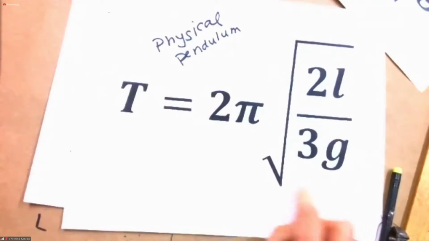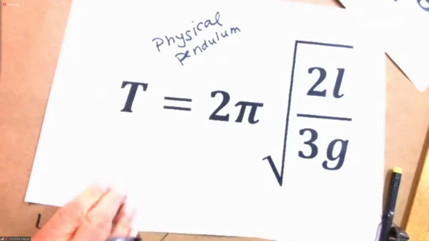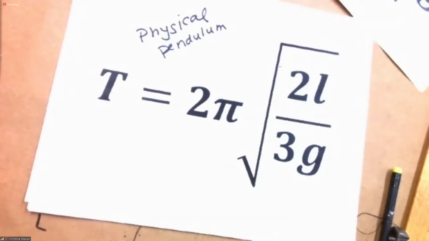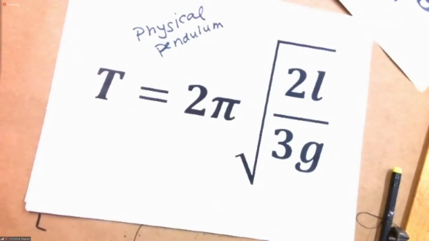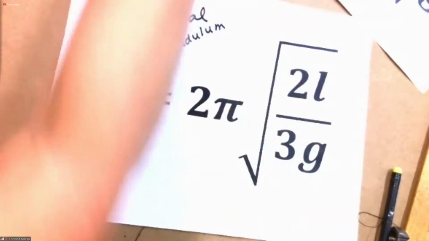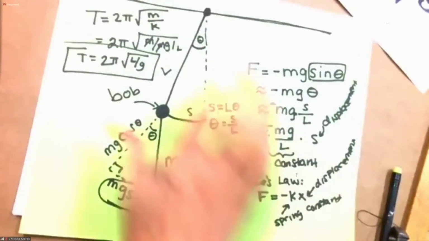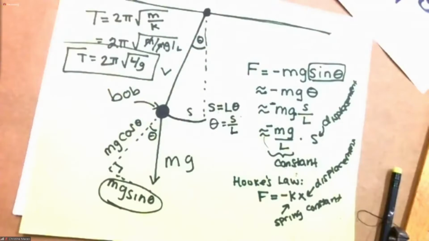So it actually oscillates much more quickly than a similar length bob pendulum. And again, that's an extension. You can pull out rotational motion and derive that the same way we derived one over here.